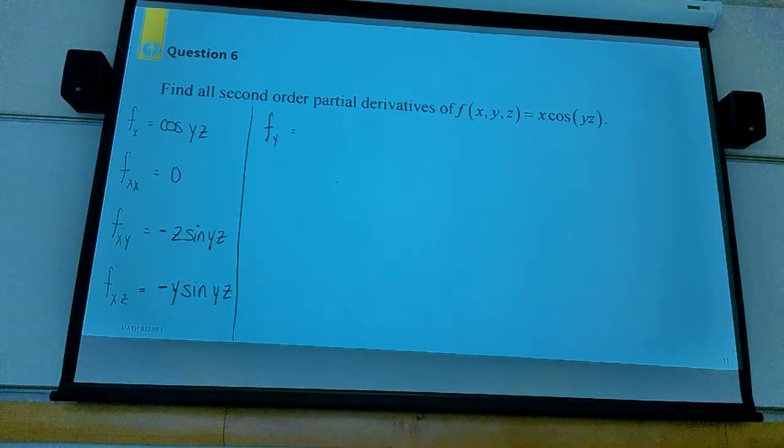You can give an answer. It's negative xz sine yz. Negative xz sine of yz. Now stick with f sub y. Be methodical about it.